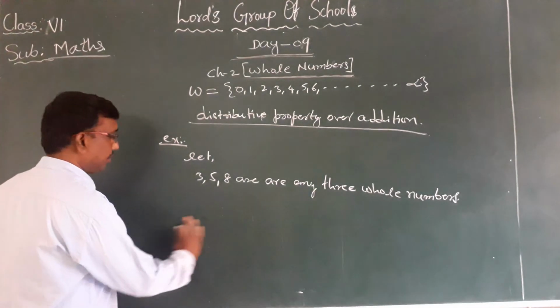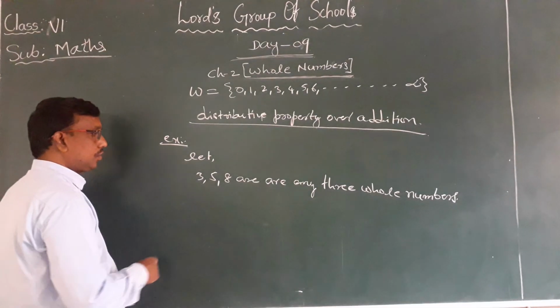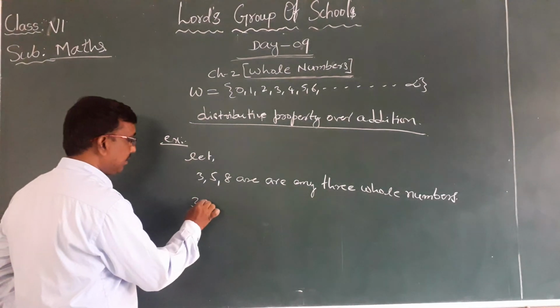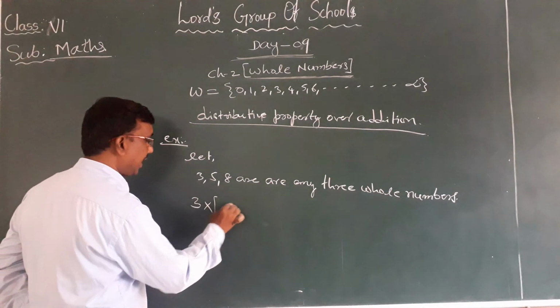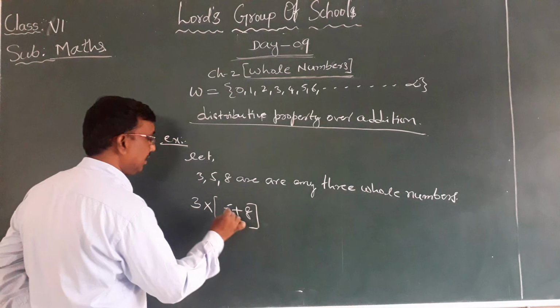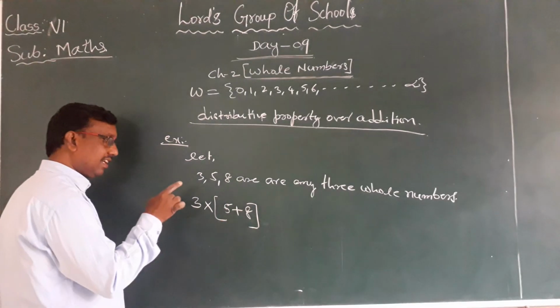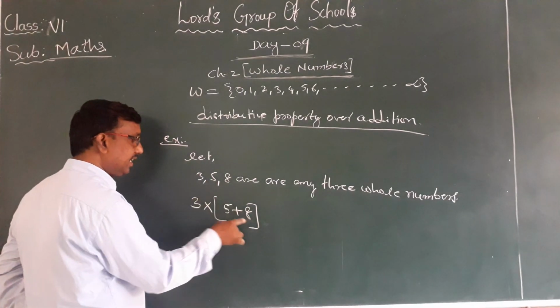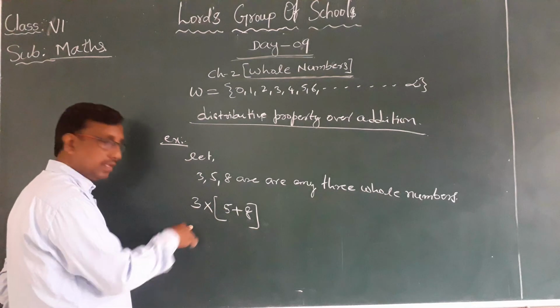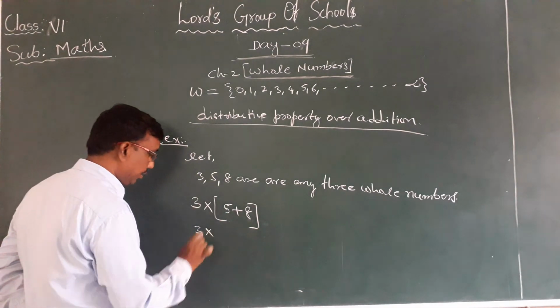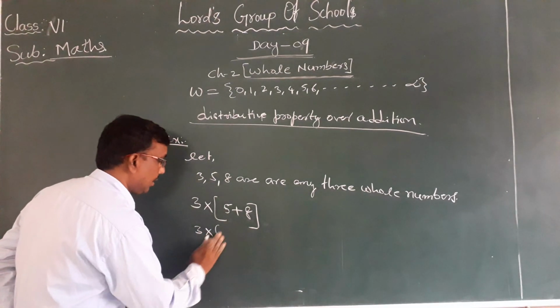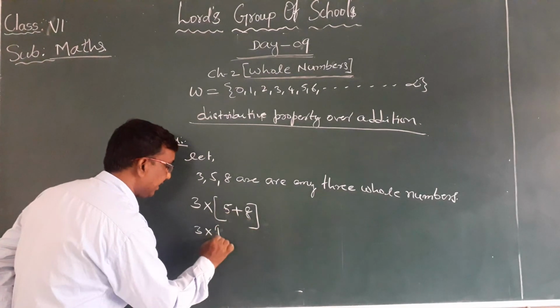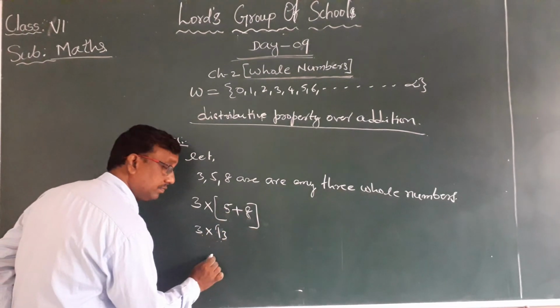Then just see what we do. I am multiplying 3 with the sum of 5 and 8. Listen carefully. I am multiplying the sum of 5 and 8 with 3. So what do we get? 3 into 5 plus 8, and 5 plus 8 is 13. 13 threes are how much?